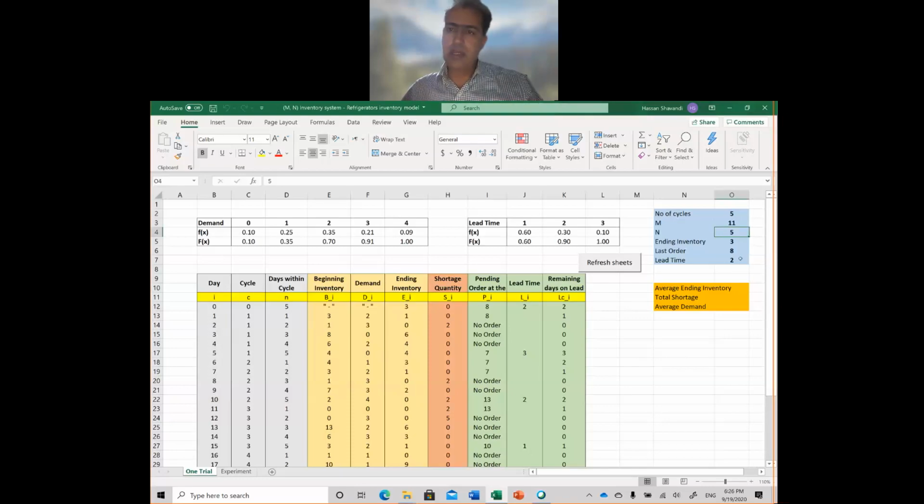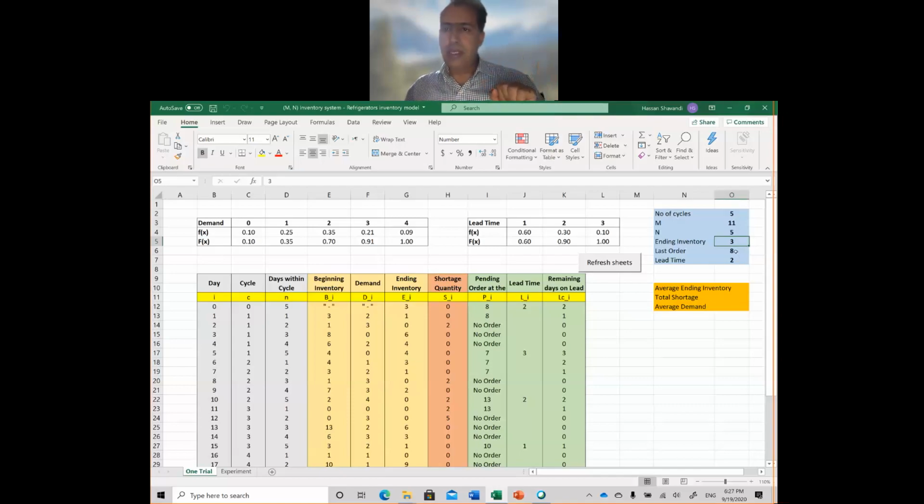Now time is 0, so actually we are processing a previous cycle. Here we assume that the ending inventory left in the warehouse from the previous cycle, available at the beginning of the first day of this cycle, is 3.